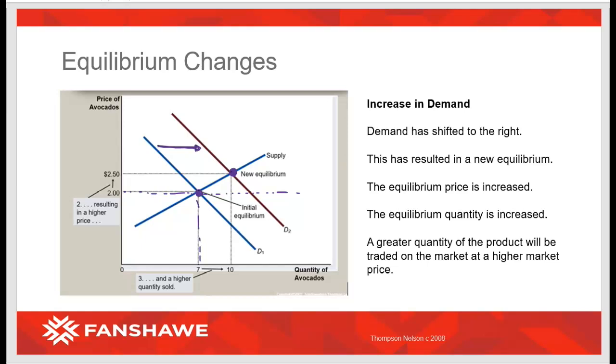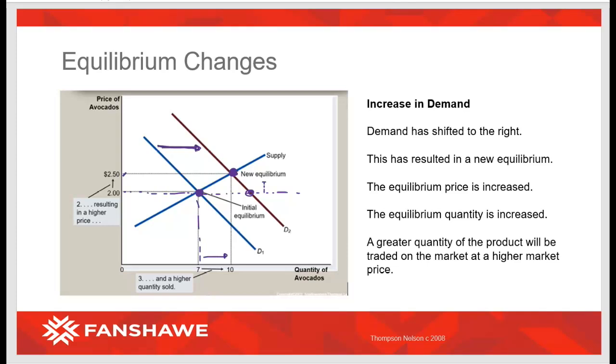This price of $2 is no longer sufficient for the new market. When demand went up, if we kept the price at $2, then the quantity supplied and the quantity demanded would now be in a shortage position. So that means there will be pressure on the price to increase, and we will see this new higher price of $2.50, and also a new higher quantity at equilibrium of 10,000 units.